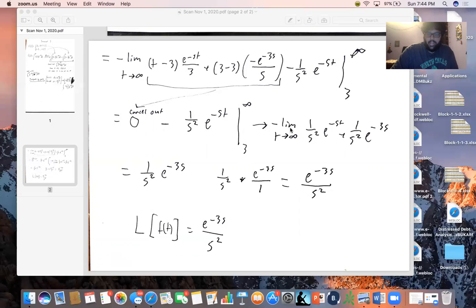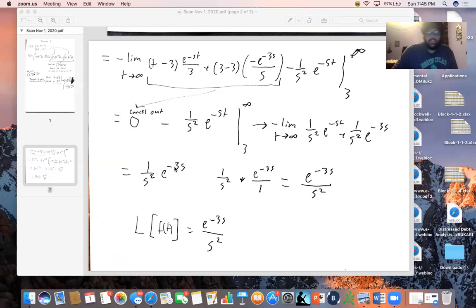So we get the negative of the limit as t goes to infinity of 1 over s squared e to the negative st, plus 1 over s squared e to the negative 3s, because that's what it looks like when you integrate everything. That gives us 1 over s squared times e to the negative 3s.